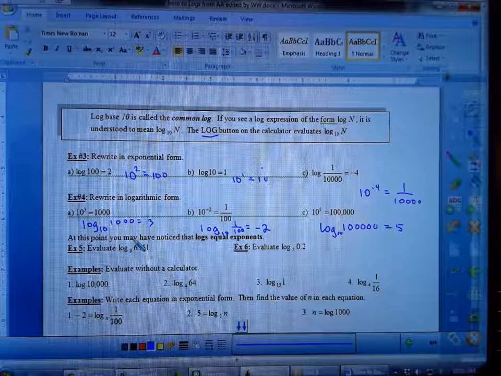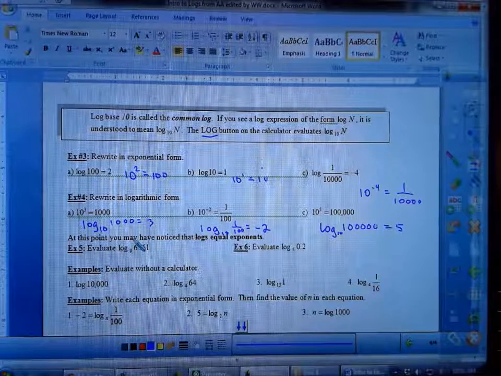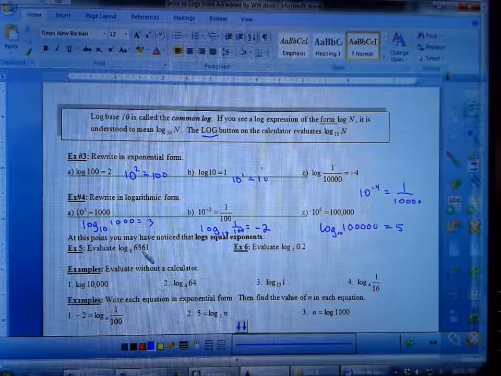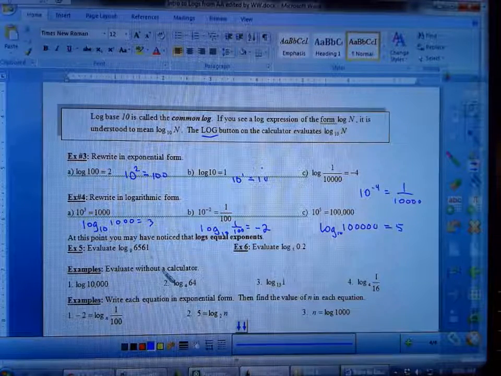Okay, now, so that's just kind of converting back and forth. Now we're shifting gears and we're going to start to evaluate. So we're going to evaluate logs. So you're going to need to review all your powers. We'll slowly kind of review in class as well. But so this is saying log base 9 of 6,561. Do you know that off the top of your head? Probably not. You know it's not 9 squared, right?